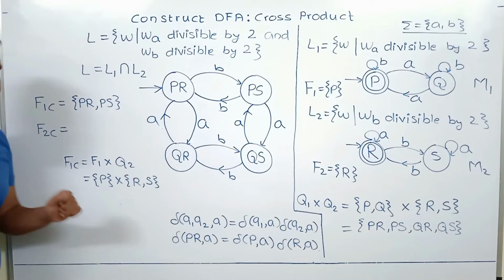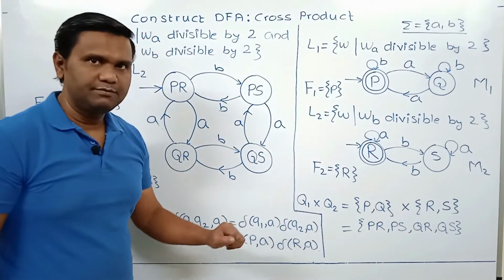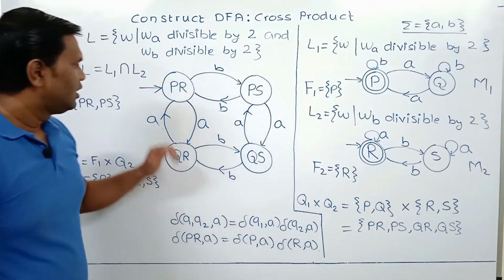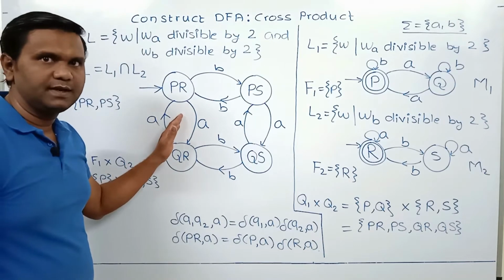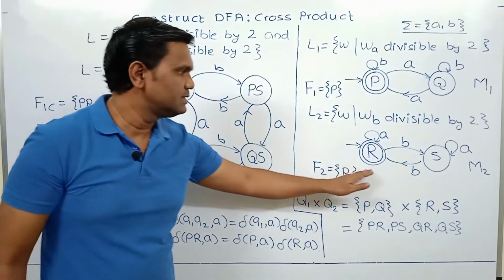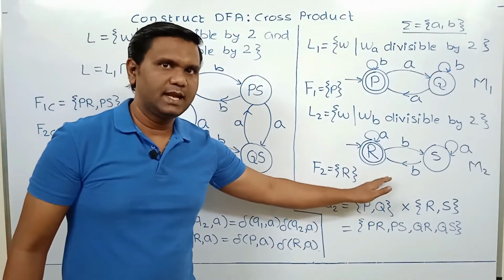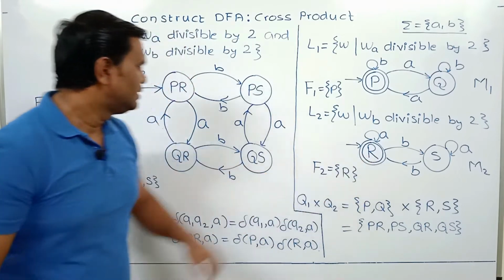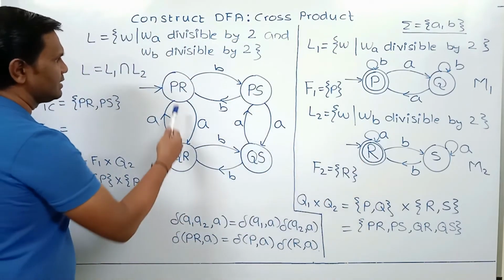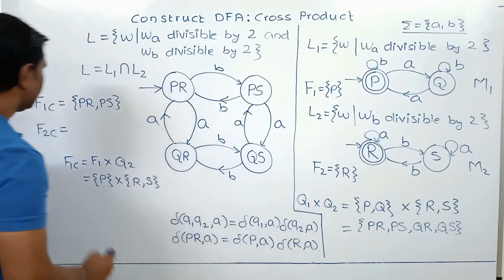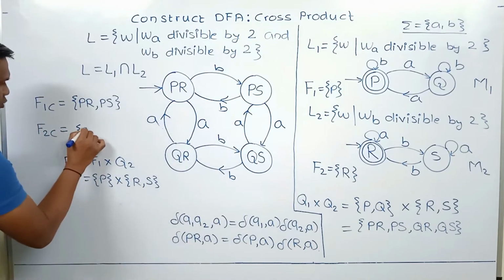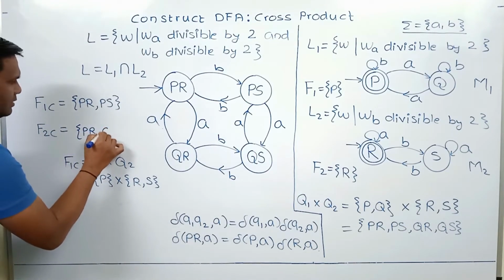Now let's consider F2C. F2C is all the states in the cross product DFA corresponding to final states in M2. So for R, check all the states which contain R. So it is PR and QR.